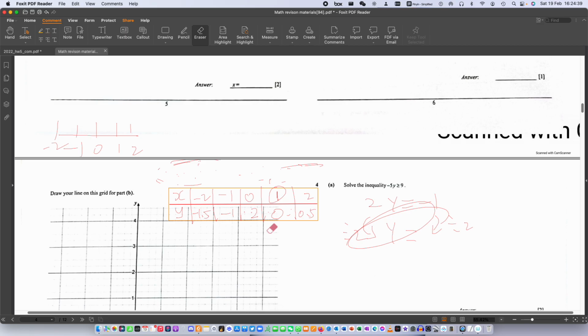So you don't adjust your point. If you sense something is wrong, you redo. Very good. So you redo, and you realize you made a mistake. Very good. 0 and negative 0.5.